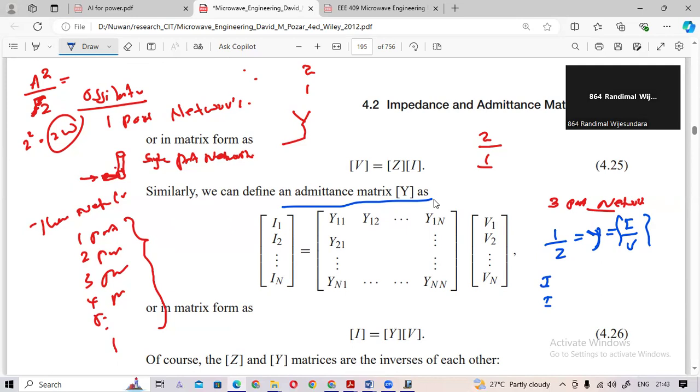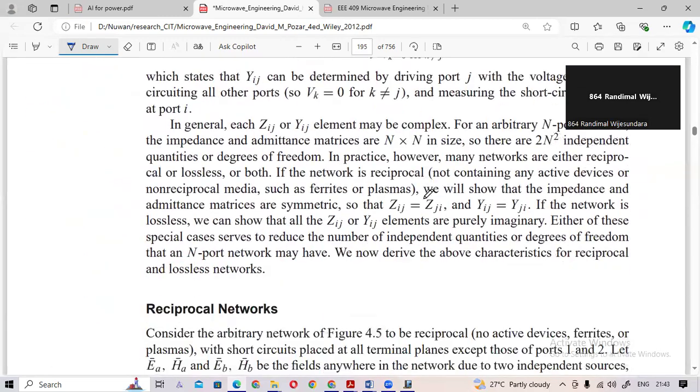So the admittance matrix will look like this: I, Y, V. The same way you can write the admittance matrix also.